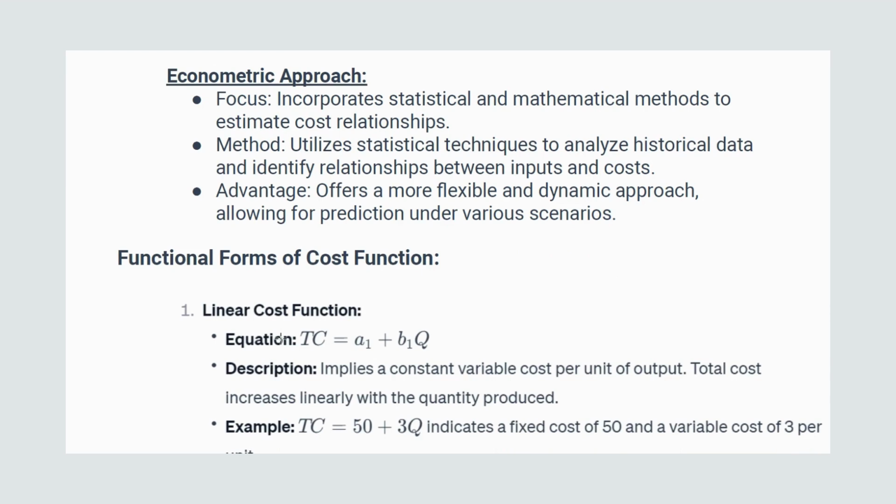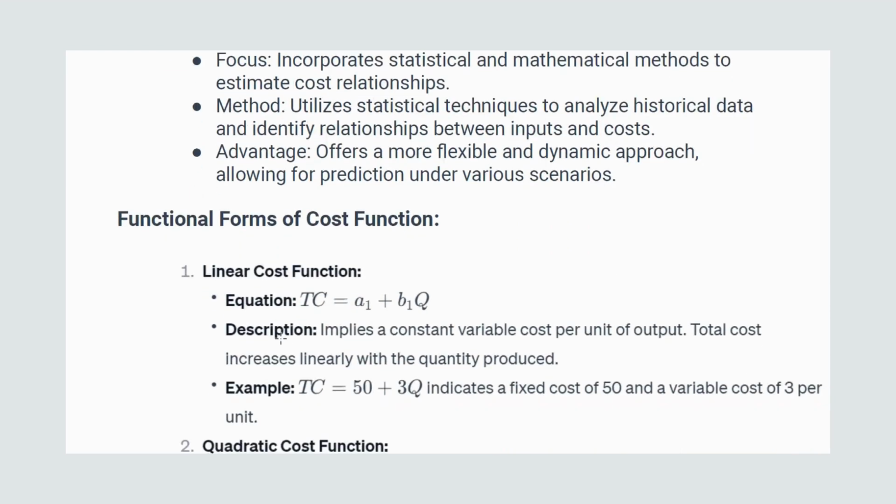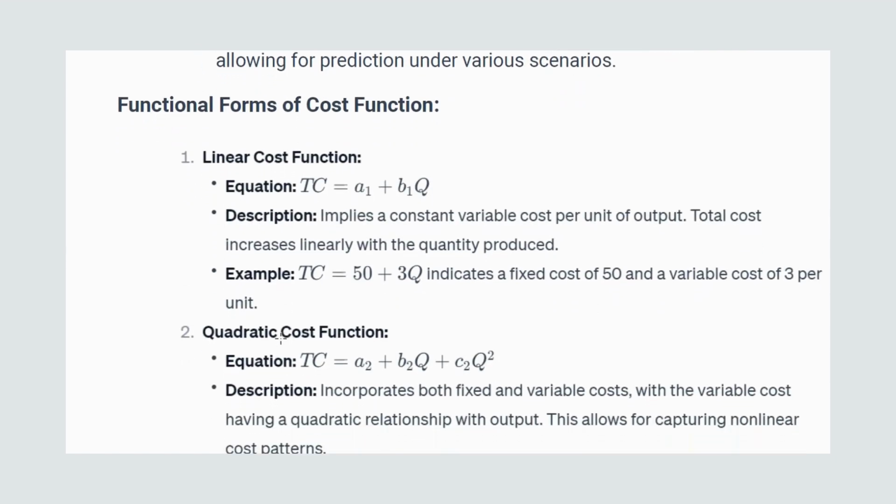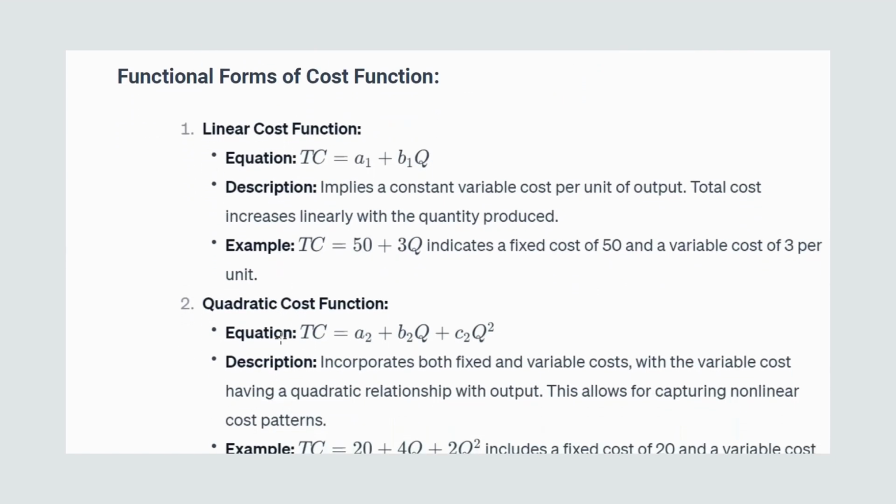It utilizes historical data and identifies the relationship between input and output. It has an advantage because it offers a more flexible and dynamic approach. So the most flexible and dynamic approach in cost function estimation is the econometric approach, because it allows the managers prediction under various scenarios. Then we have asked what is functional forms of cost function.